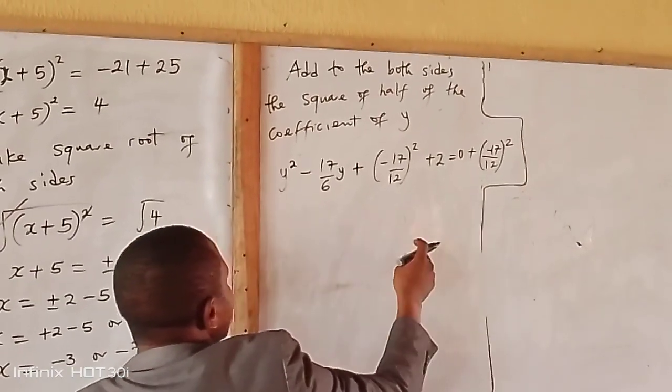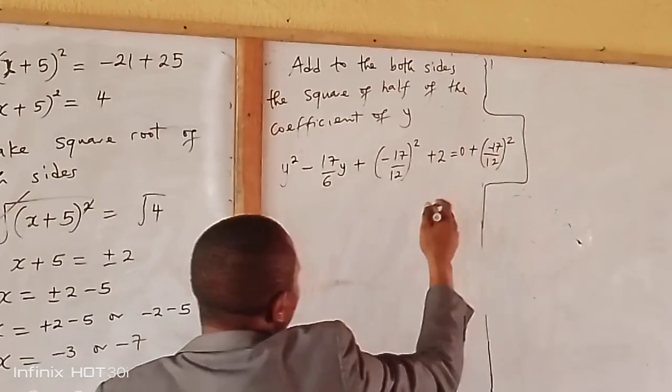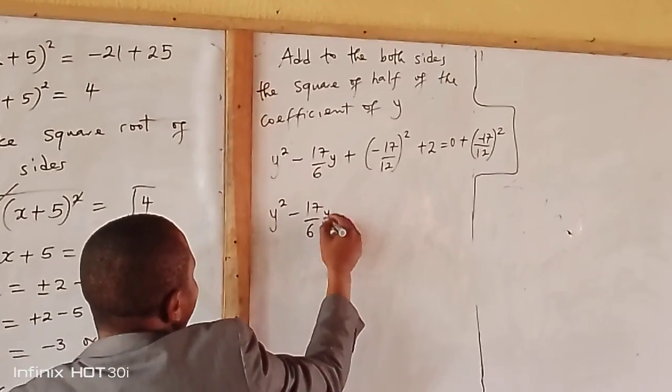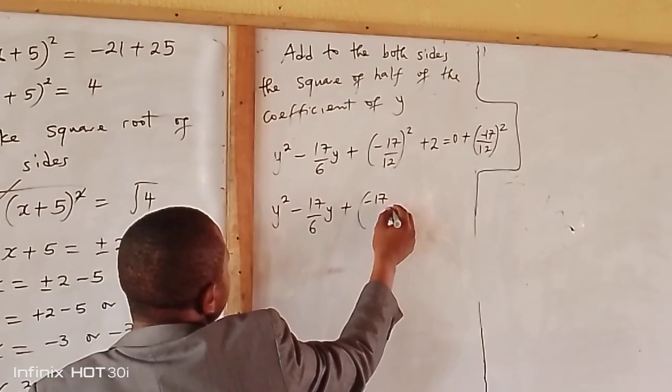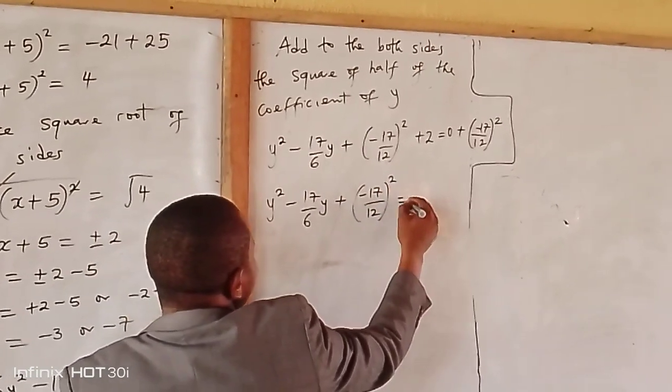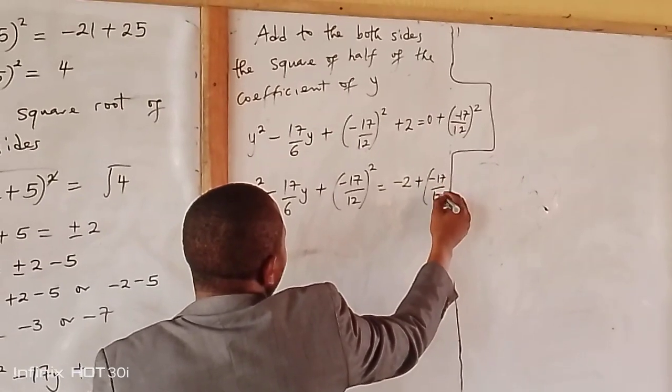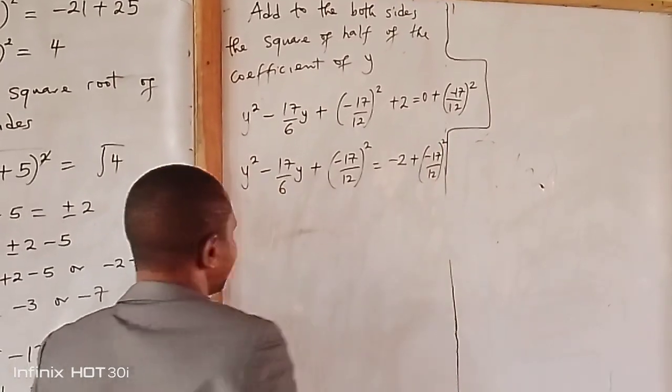Then the next step that we need to take is to take this constant value to the other side. So we are going to have y squared minus 17 over 6y plus minus 17 over 12 squared is equal to minus 2 plus minus 17 over 12 squared.